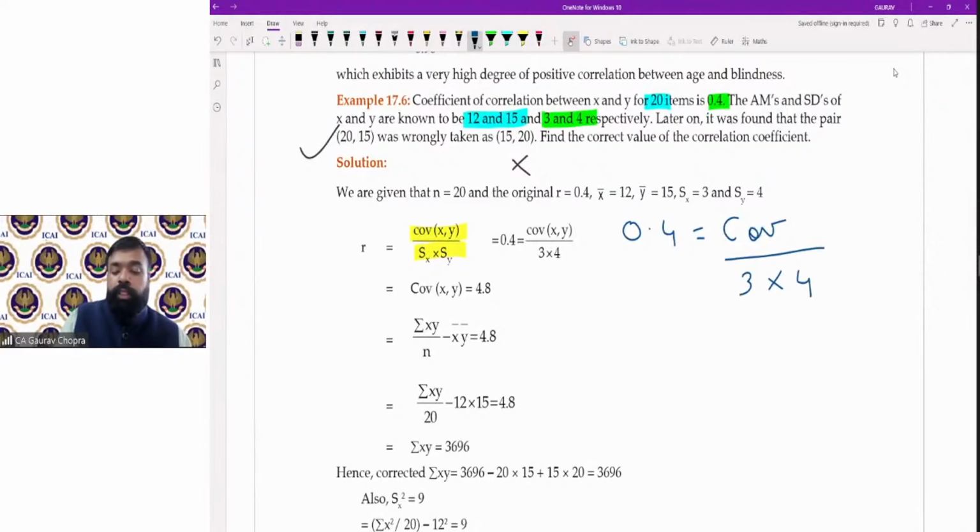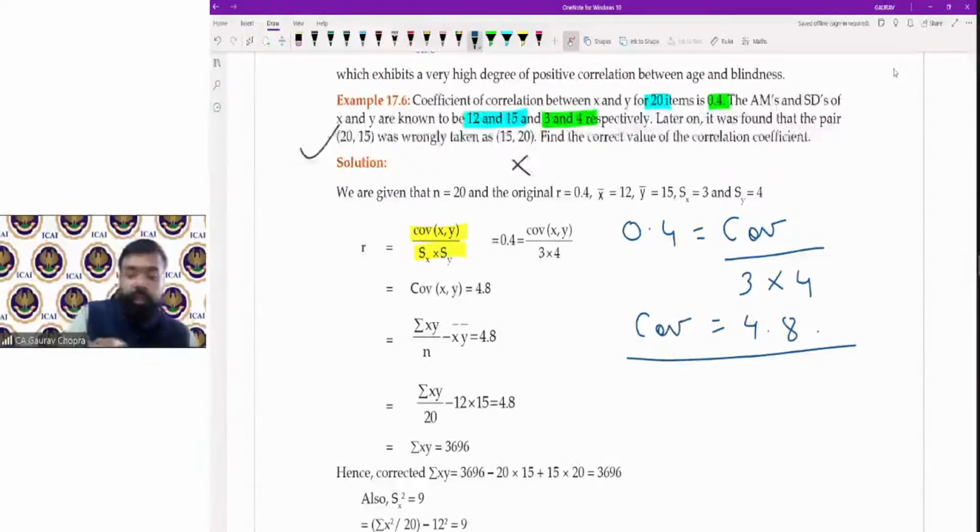So from this you can get covariance as 4.8. Covariance की वैल्यू कितनी आ गई है? 4.8. बट दिस वैल्यू इज रॉन्ग. कोवेरियंस की जो वैल्यू अभी तक हमने निकाली है ये रॉन्ग. तो हमें क्या करना पड़ेगा? करेक्शन करना पड़ेगा. You have to find out the correction. कोवेरियंस का फॉर्मूला कौन सा होता है? Let us apply that formula.